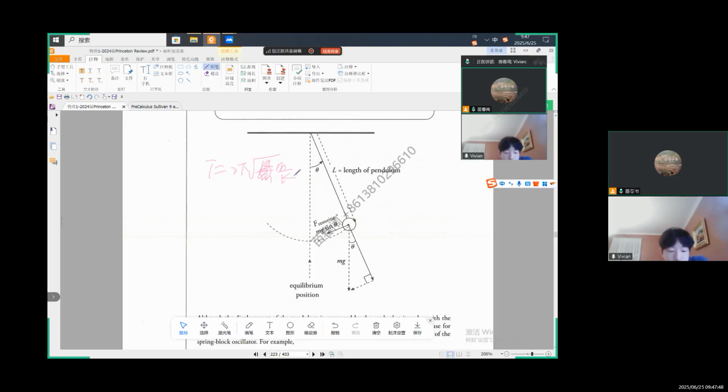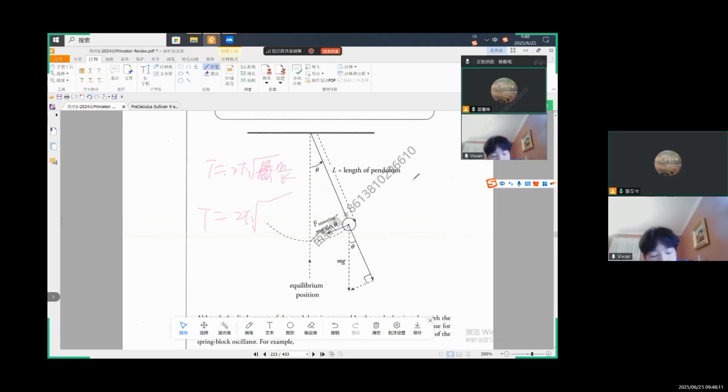And now if we study the pendulum, if it looks like that, eventually we can also find something in there. Also T equals 2 pi, but this time it does not relate to mass anymore.